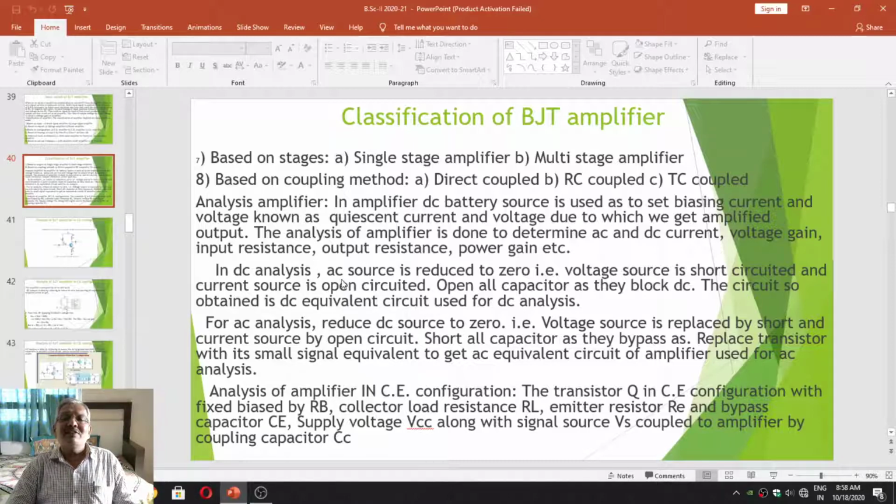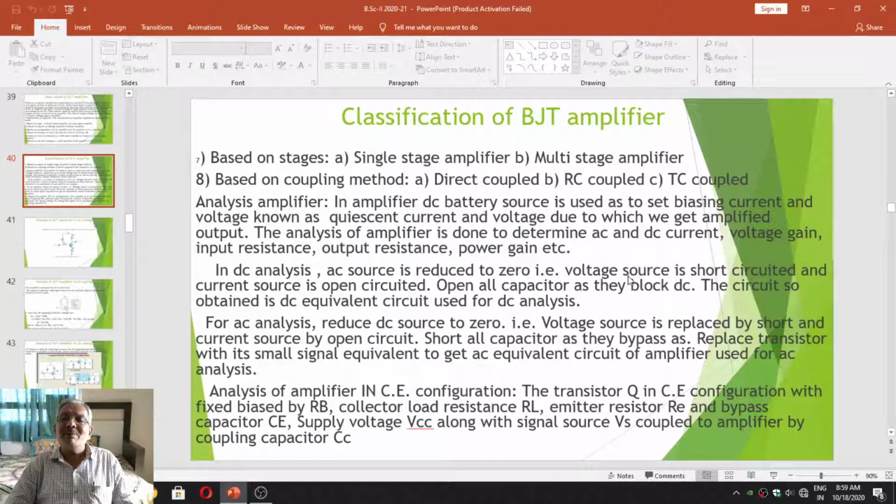In DC analysis, the AC source is reduced to 0. Means to perform the DC analysis, the AC signal to be amplified is made 0, it is disconnected. AC source is removed, voltage source if there exists is short circuited, and if there exists a current source then it is open circuited.